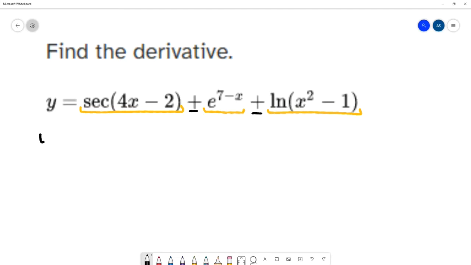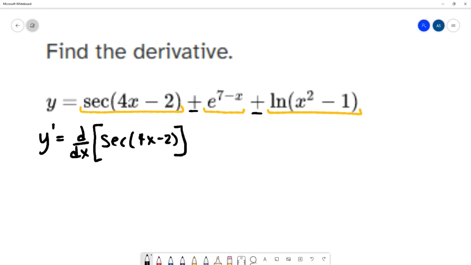So when calculating the derivative, I'm allowed to calculate the derivative on these terms separately, because they're individual terms.